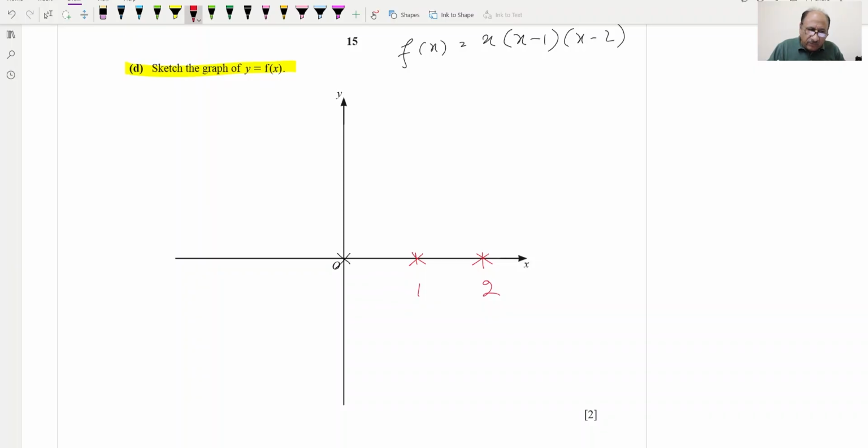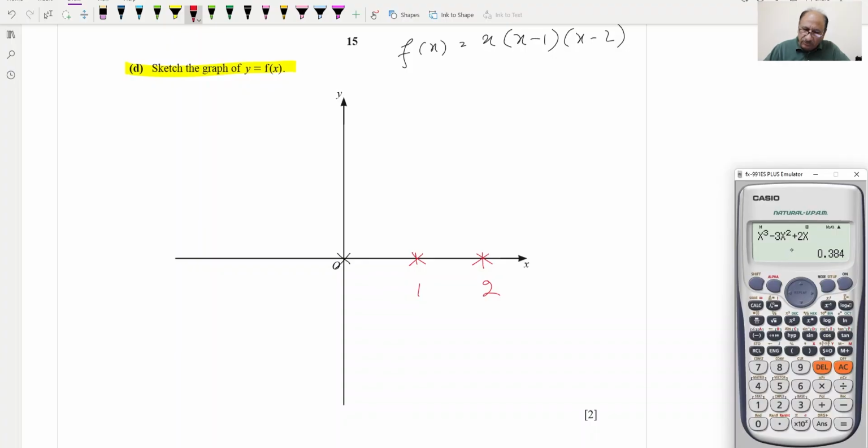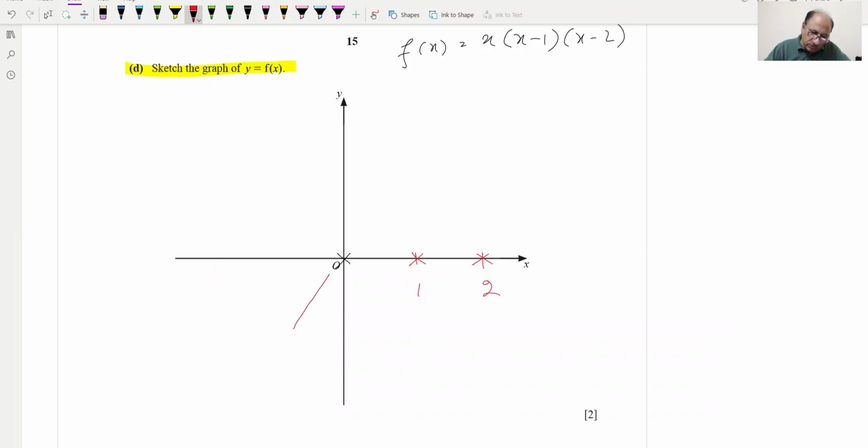And if we check the equation which we have typed, the same equation we can use. If we take a value lower than 0, like minus 0.5, calculate for minus 0.5, we will see this is a negative value. So it means this side is approaching from the lower side, from the negative side, so we cannot draw from the upper side.